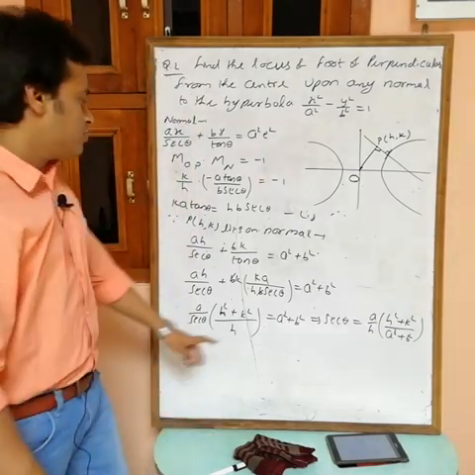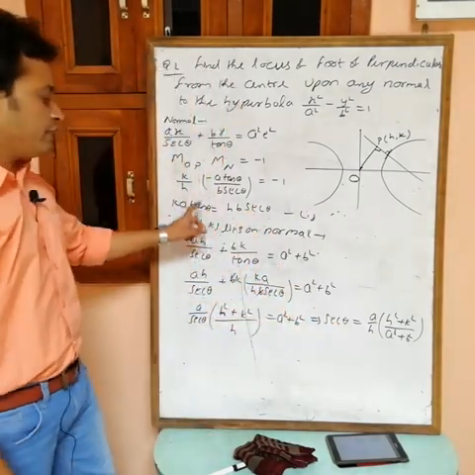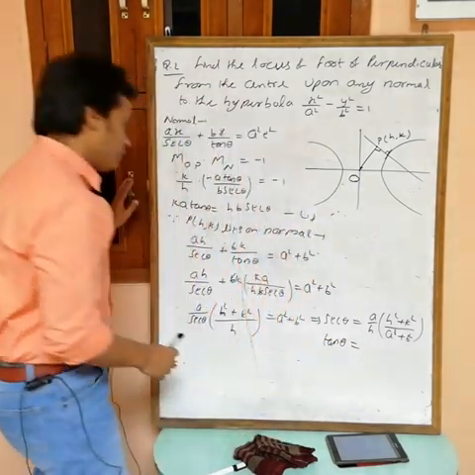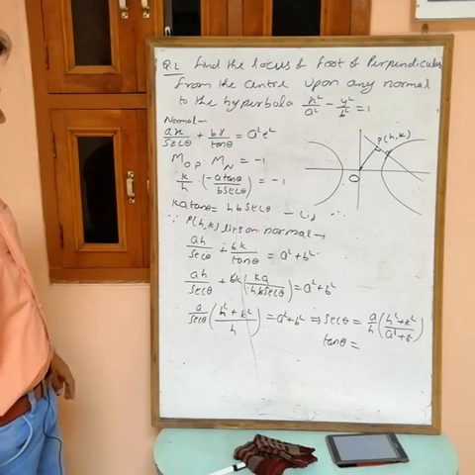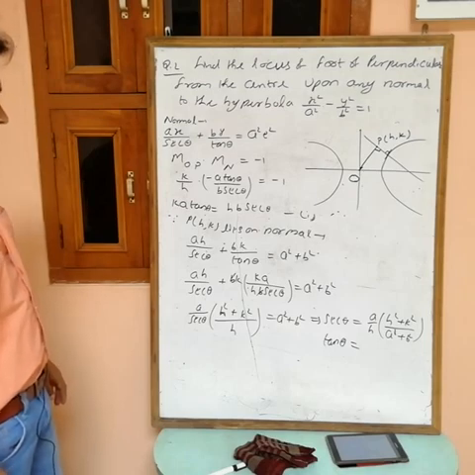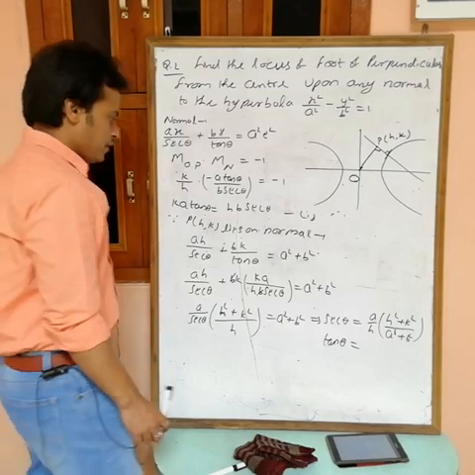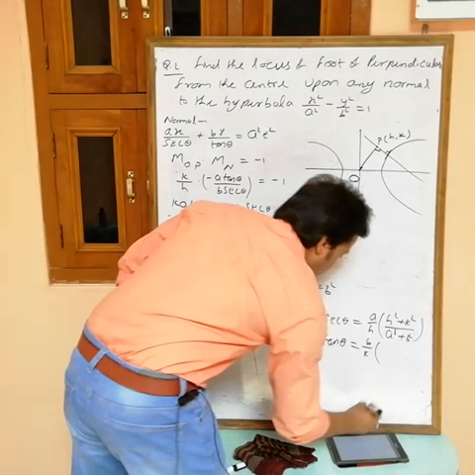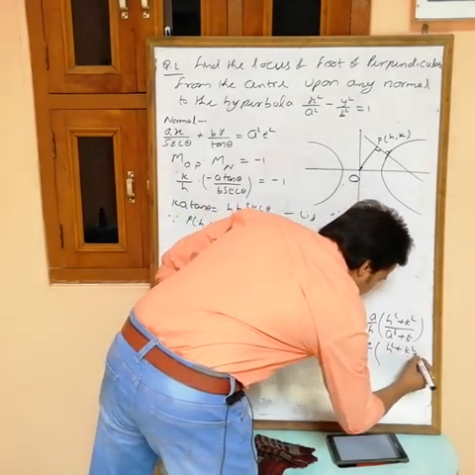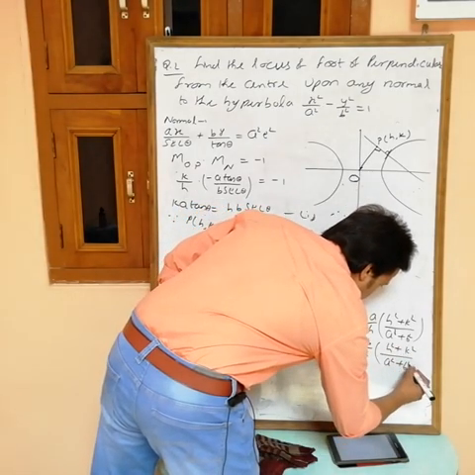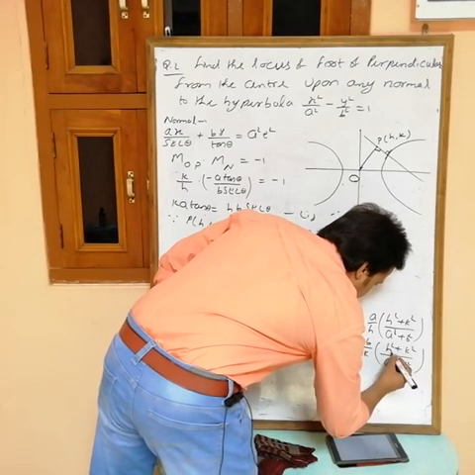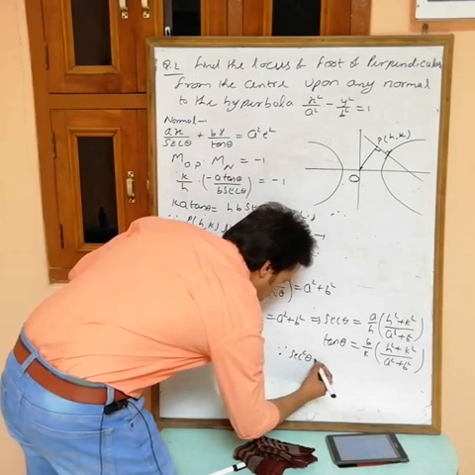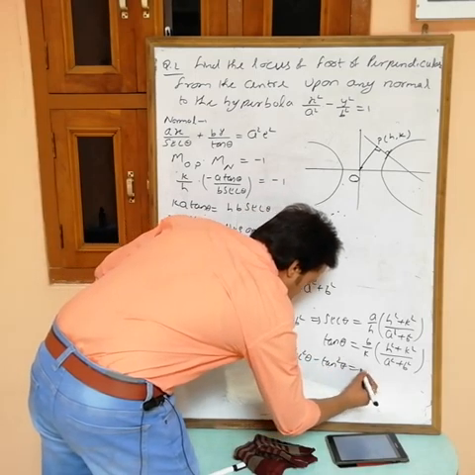Similarly, if you put value of sec theta in this equation, then you will get value of tan theta. I know tan theta equals to, you will get b by k into h square plus k square by a square plus b square. Okay, now use sec square theta minus tan square theta equal to 1.